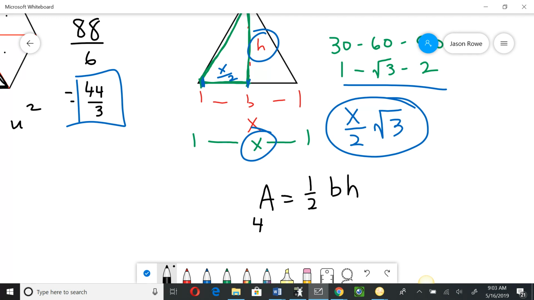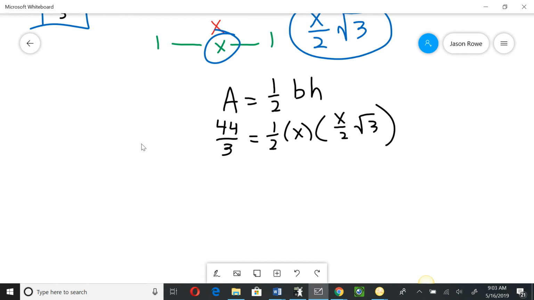We know the area is 44 over 3. We know the base is x. We know the height is x over 2 times the square root of 3. So now we have a single variable and we can solve for it.